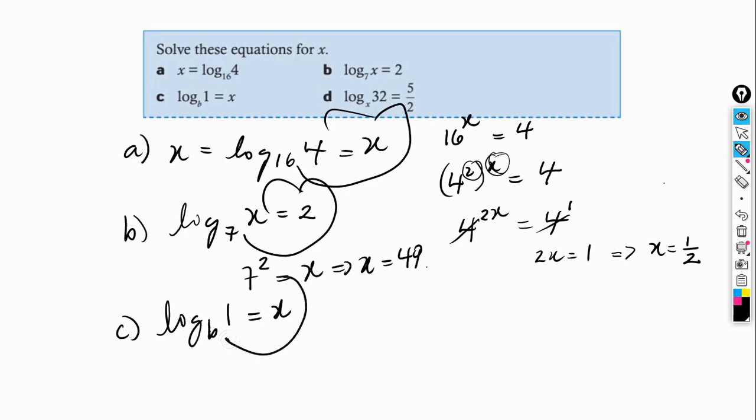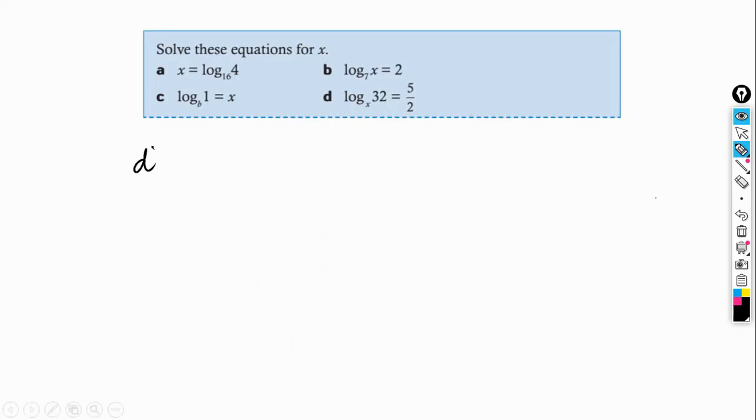So we go b to the power of x is equal to 1. So if we rewrite that in exponent form, it would be b to the x is equal to 1. We don't have to really know what b is because there's a general rule that says that any number to the power of 0 is equal to 1, as you recall. So then x can only be 0 and b can be anything, any value.